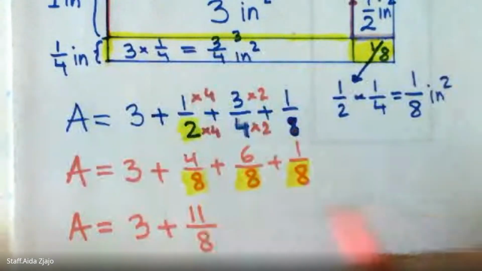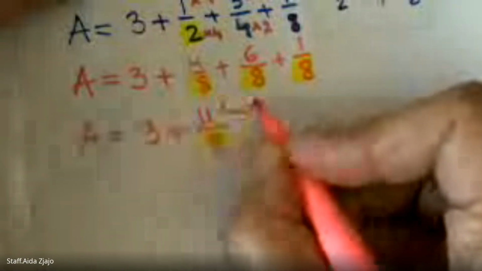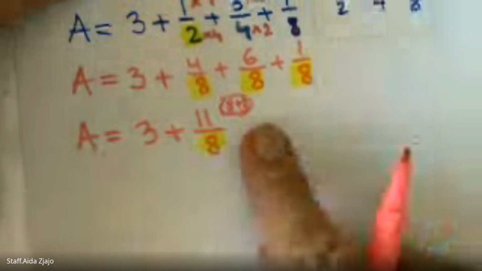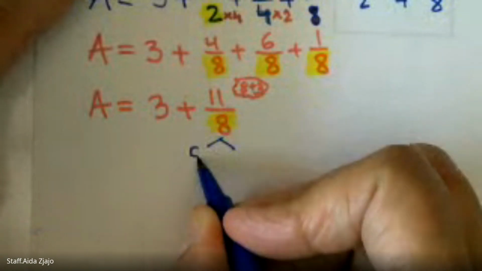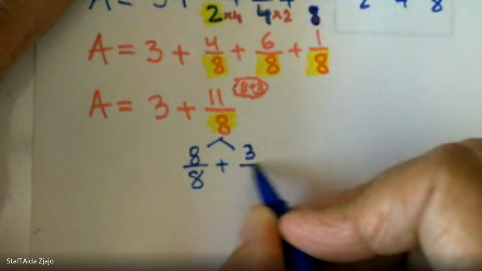Now, when I have 11 eighths, 8 pieces will make a whole. In 11, you can think you do have 8 plus 3. Thinking about that, 8 plus 3. So in here, you can make 8 eighths plus 3 eighths.